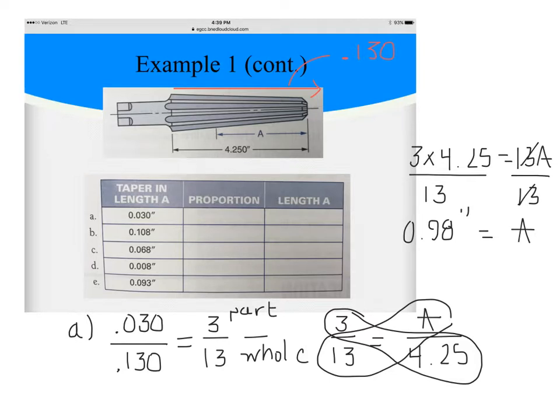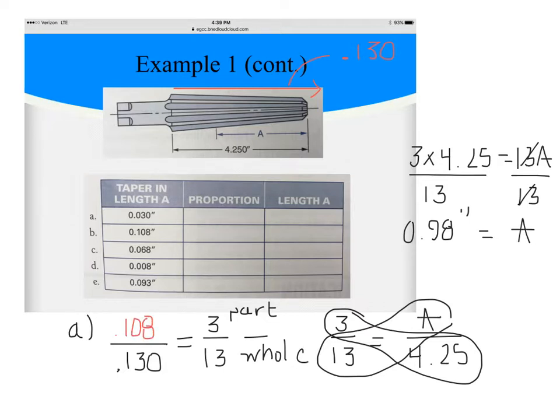Now for part B, the difference is that the amount of taper in length A isn't 0.030 inch, but rather it's 0.108 inch. So this 0.030 is going to change to 0.108.